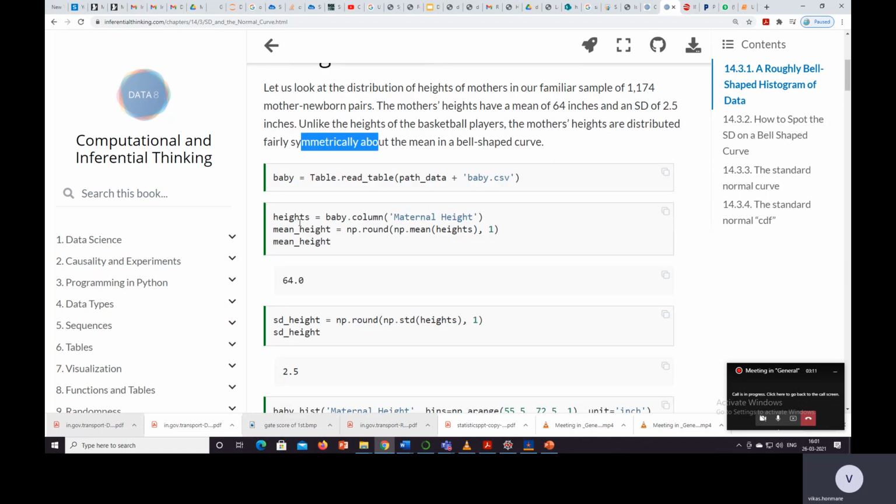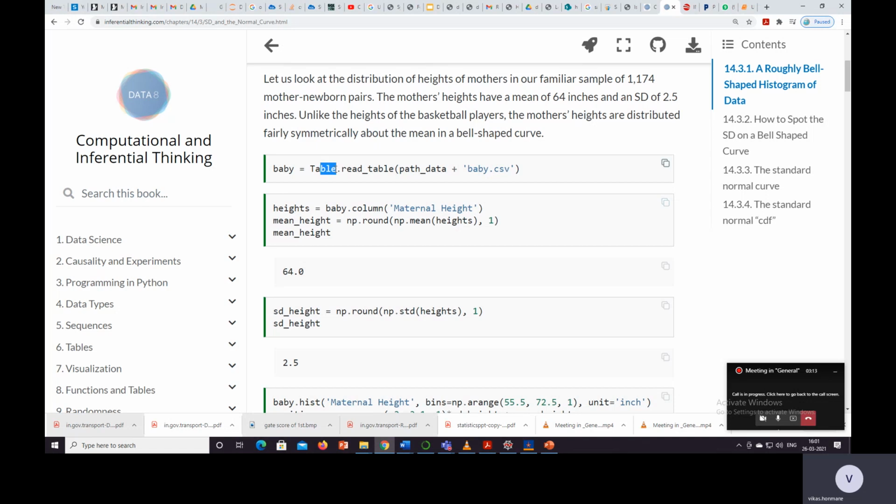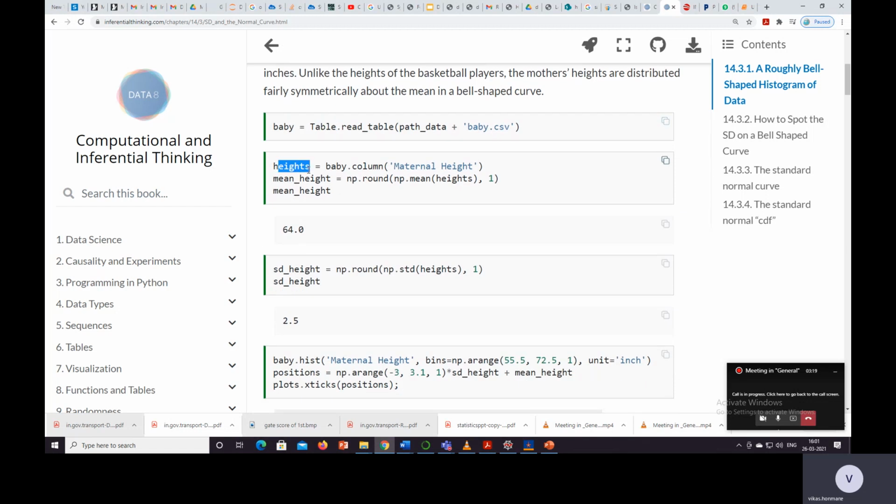To read the table, we use the datascience Table.read_table method. Then we take the heights variable, and there we take only one column, baby.column maternal height. So that column only we take, from the whole table baby.csv, which has multiple columns.